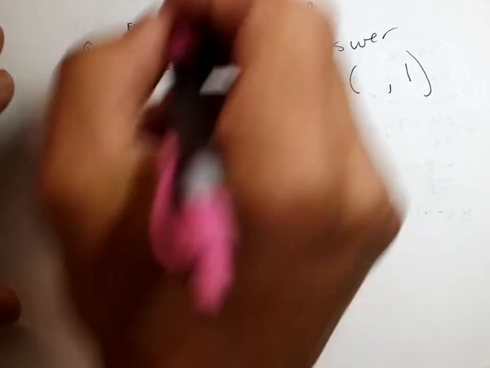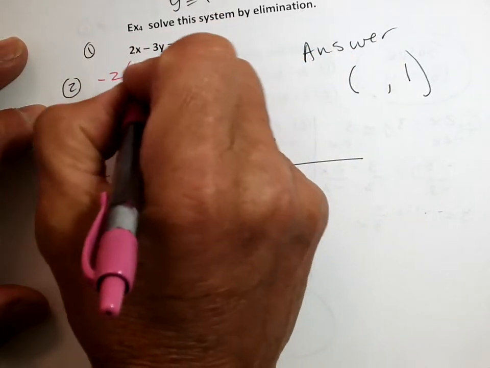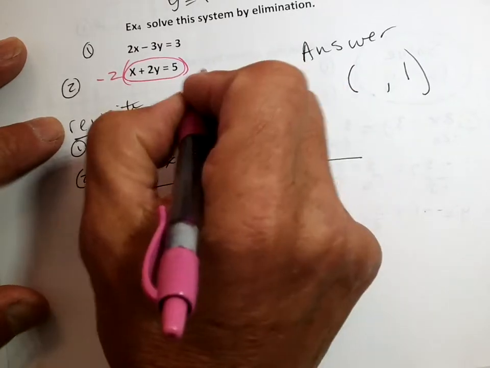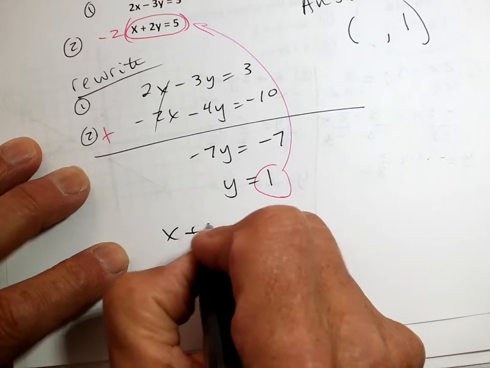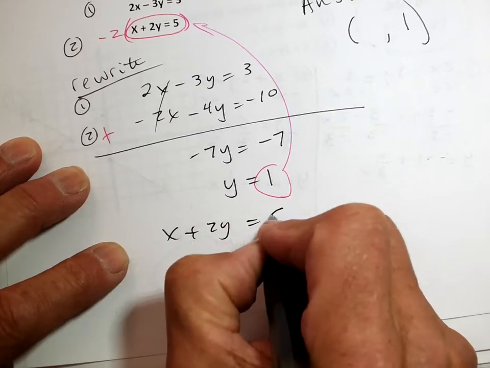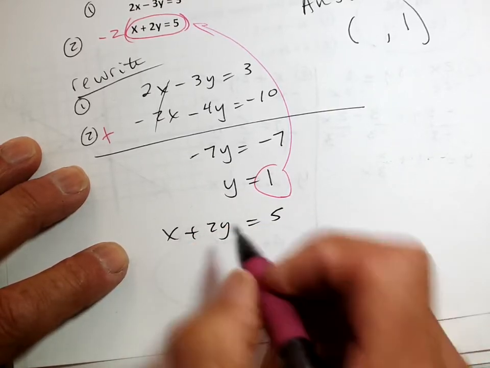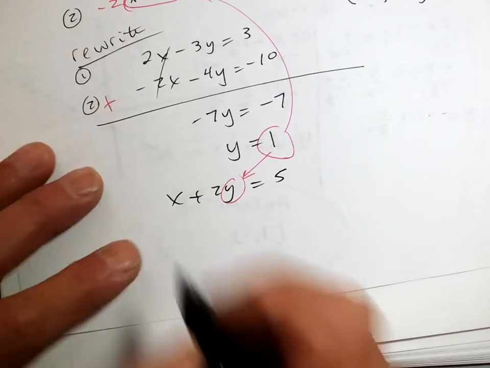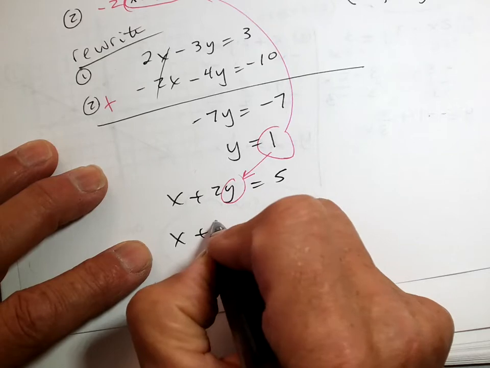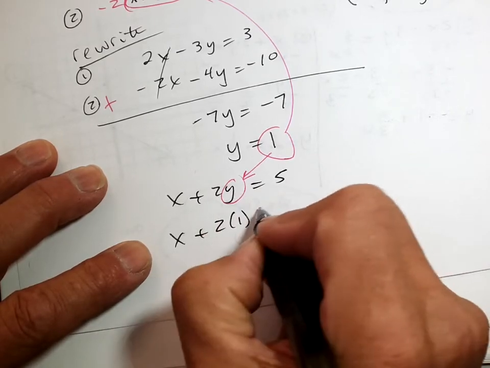Okay, so I'm going to pick this one right here to plug my 1 into. So I have my x plus 2y equals 5. So I'll plug my 1 right there, correct? So I'll have x plus 2 times 1 equals 5.